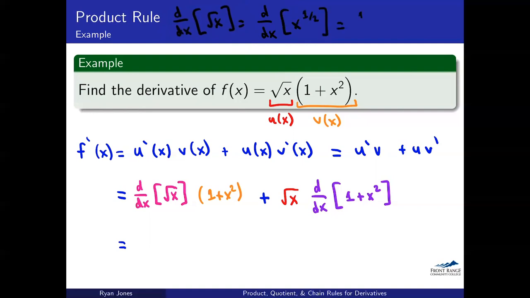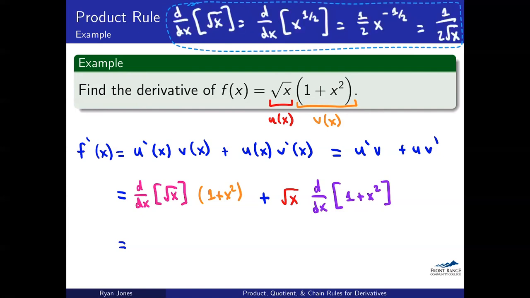If I utilize the power rule, I get 1/2 from dropping that power down, and then I subtract 1 off of that 1/2 power, which gives me a negative 1/2. If I simplify this, I get 1 over 2 root x. And this derivative pops up so often. We see the square root function often enough that I personally just memorize this. You don't have to. I just think it saves a lot of time.